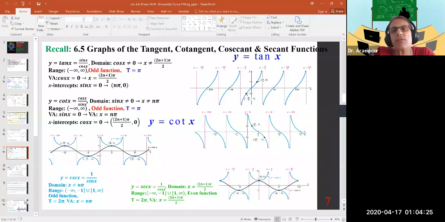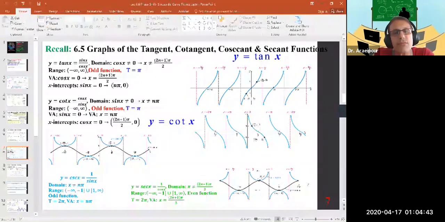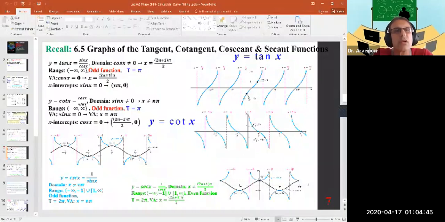In the case of the tangent, from negative pi over 2 to pi over 2 is a complete cycle. In the case of a cotangent, from 0 to pi. For secant, basically we ignore him. For cosecant, we graph sine. For secant, we graph cosine, we flip them over. This is the synopsis of the graph.